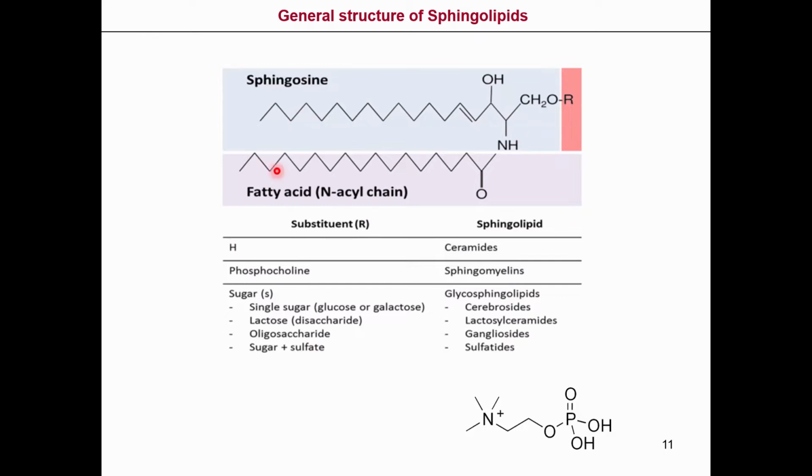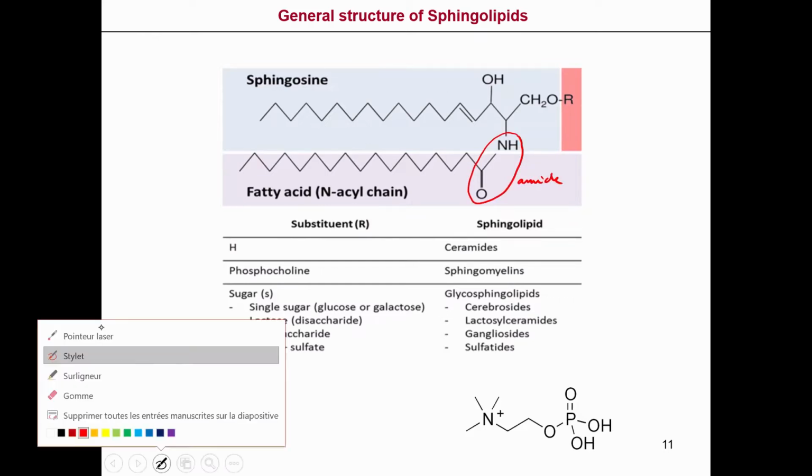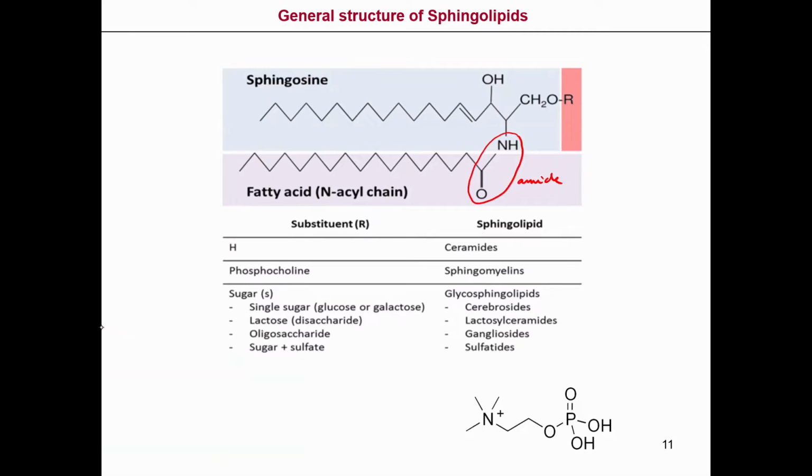You have another fatty acid, which is linked this time by an amide group to the sphingosine. So in the glycerophospholipid, you have an ester group; in the sphingolipid, you have an amide group. And you also have, on the other side, the R group, which gives you different families.